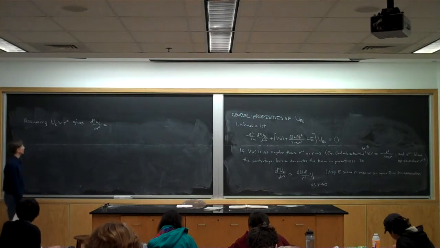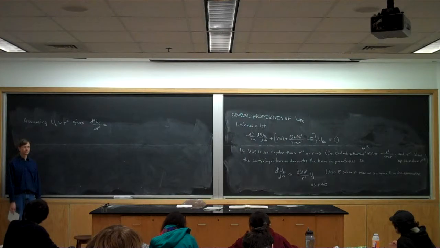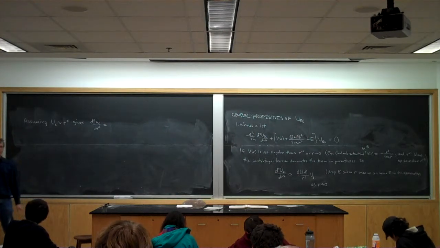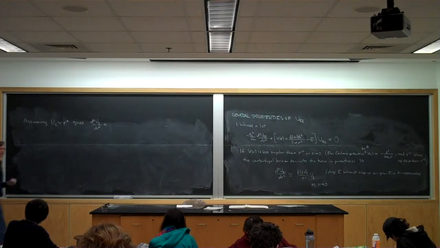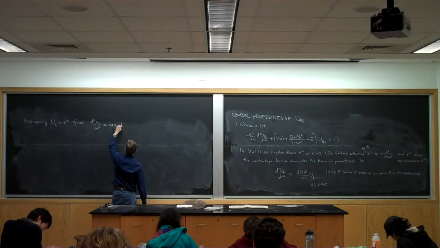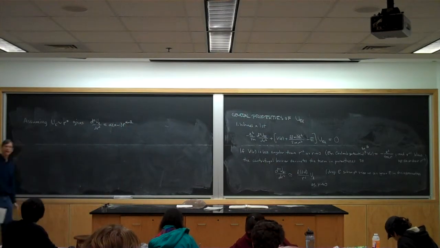If u is r to the alpha, what's the first derivative? Yeah, alpha r to the alpha minus 1. What's the second derivative? Right, alpha times alpha minus 1, r to the alpha minus 2.